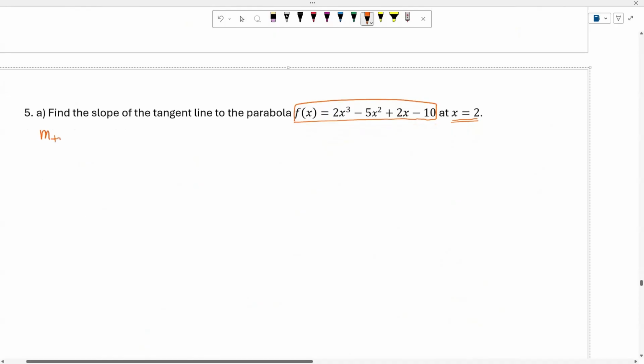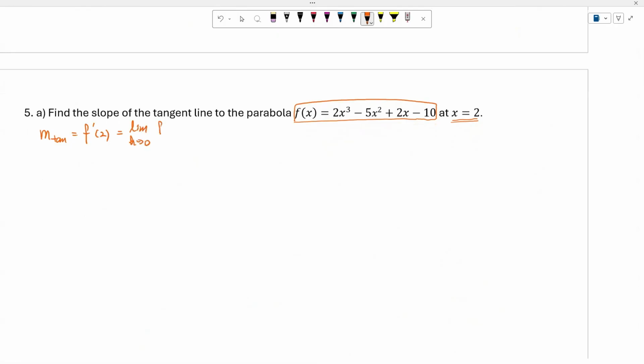I would like to find the slope of the tangent. In this case, it will be f prime of 2. Again, I would like to set it up. The limit h goes to 0, f of 2 plus h minus f of 2 over h. So this is what we want to do.